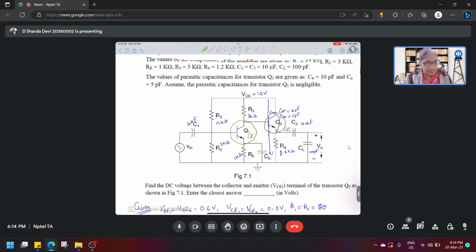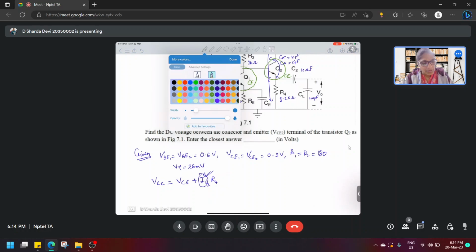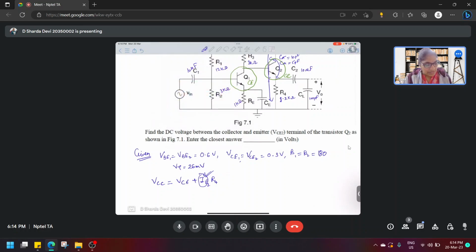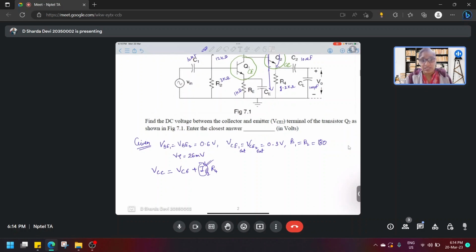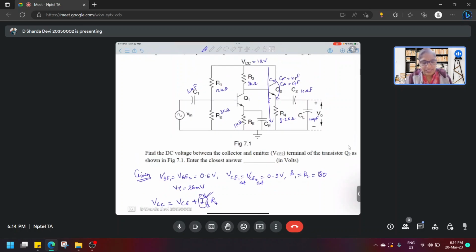Other than that, we have the values like VB1, VB2, VBE sat for both the transistors, betas for both the transistors, and now we have to find out the VCE across the second transistor. That is the task. So how can we find the VCE?